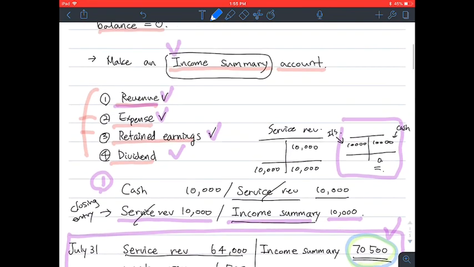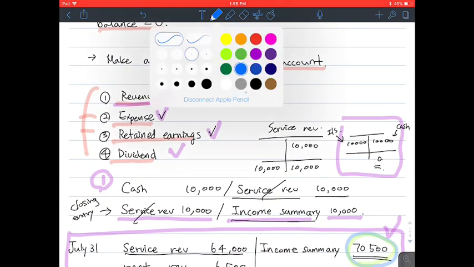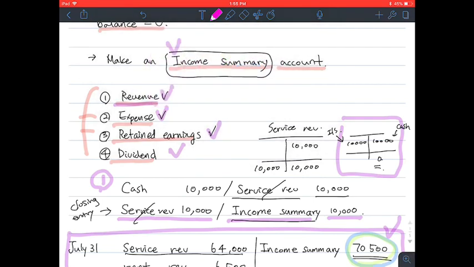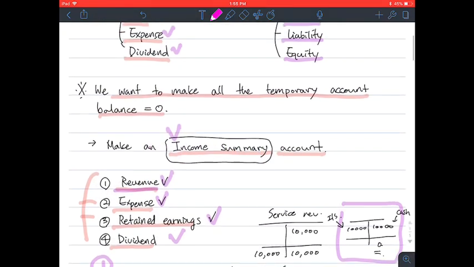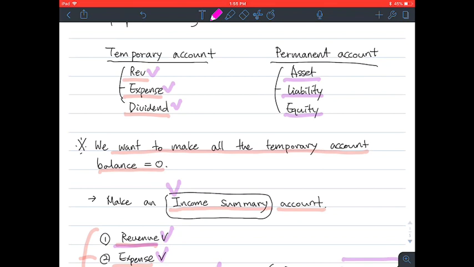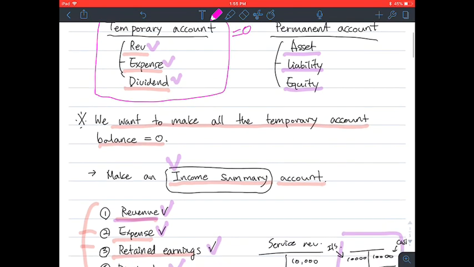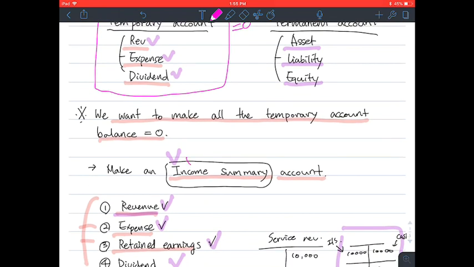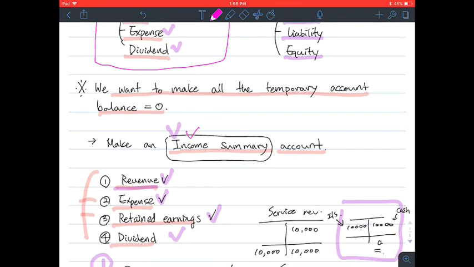So in this question, the most important idea is to know how to do the closing entries. Here, let's move here. This is the most important one. We want to have temporary accounts equal 0 after closing entries. We don't want to deal with the permanent accounts. So how do we do that? We bring up a new account called income summary, and there are 4 steps.